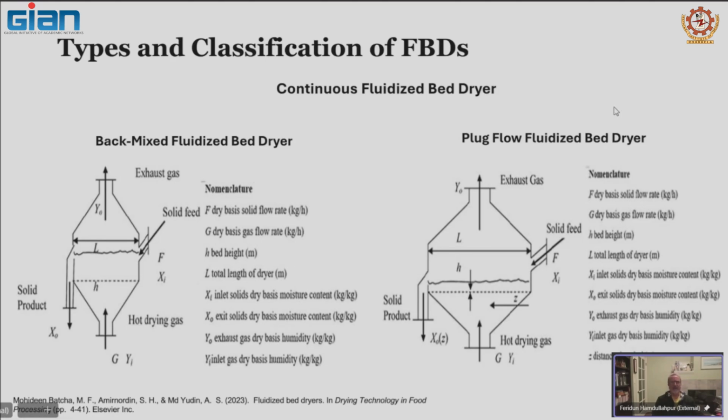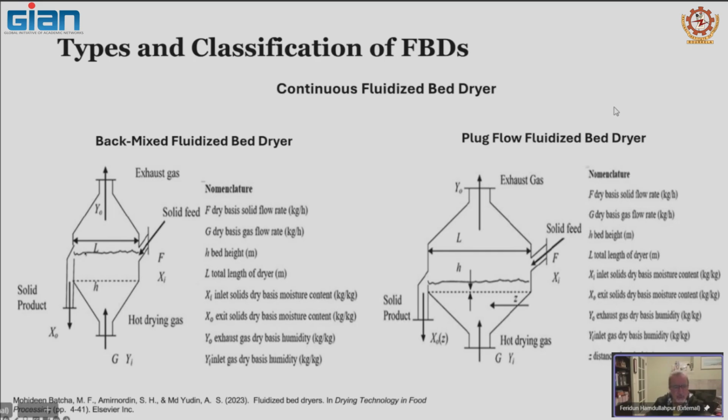Continuous dryers, however, which are desired for larger loads, could be in two different categories. One category is the back mixed dryer, and please pay attention to the two. One is the back mix dryer, the other one is the plug flow dryer, fluidized bed.